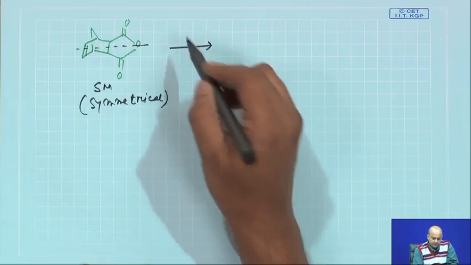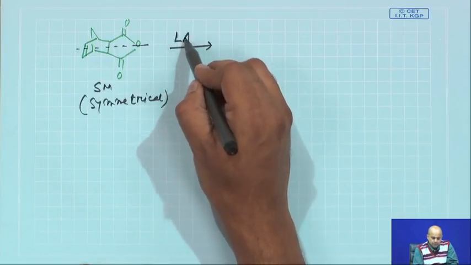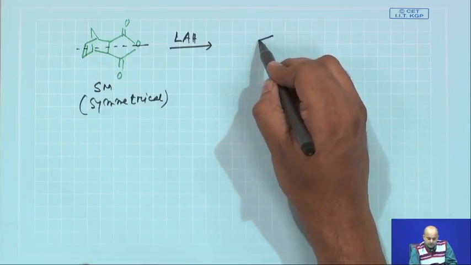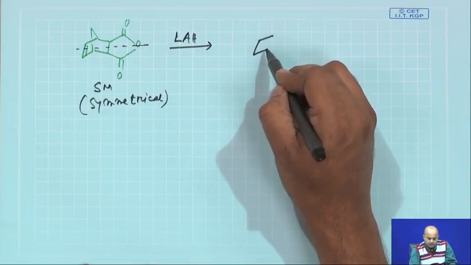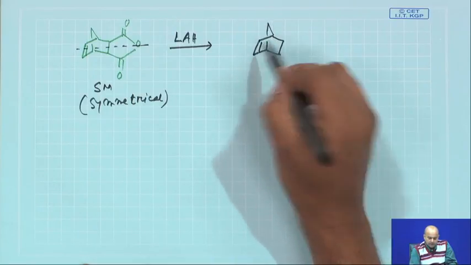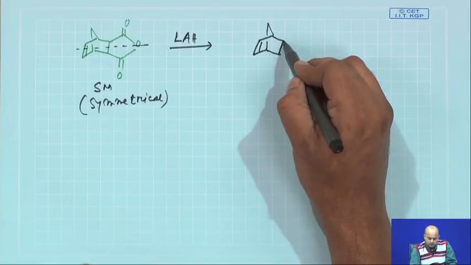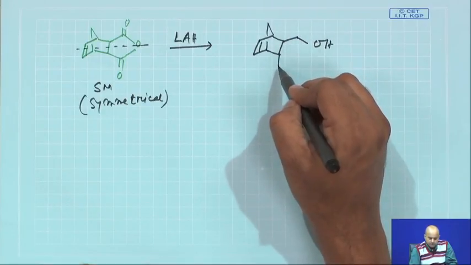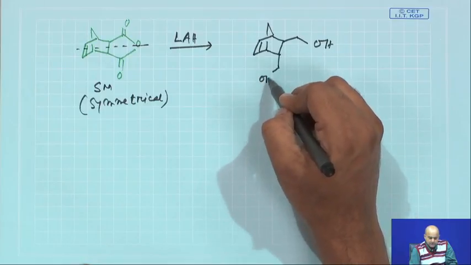Now, what I am saying is that you need to think about some reactions which will destabilize or remove the symmetry. So, I said first we will be reducing this anhydride, because anhydrides are not good functional groups to deal with. So, I said first we reduce these things to corresponding OH.